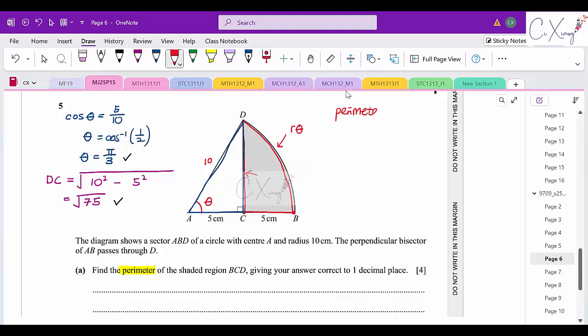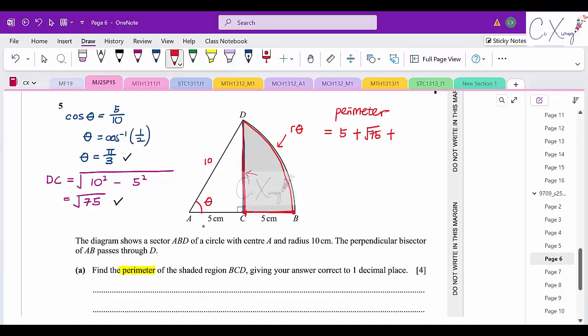So how do we get the perimeter? Like I told you just now, perimeter means we add all the sides of the shaded area. One side is C to B, which is 5. Then D to C, which is the value we just got, square root 75, and we just keep it as square root 75 first. Then what is the length of the arc? It will be r theta.